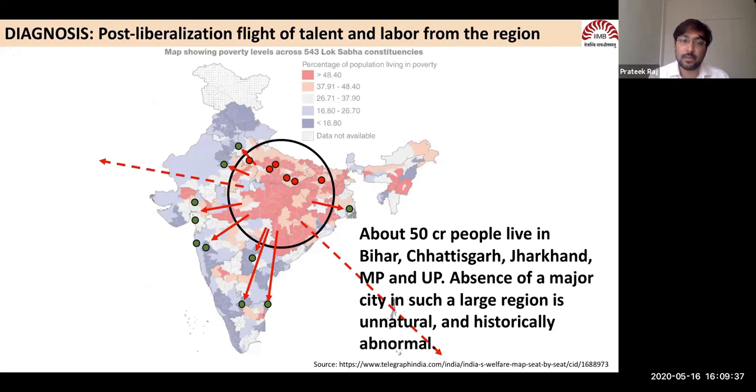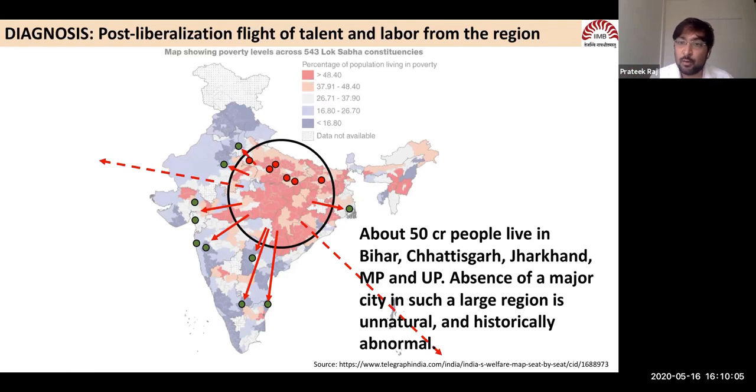It is almost 66% larger than the United States. It is almost the size of the European Union. These 5 states, Bihar, Chhattisgarh, Jharkhand, MP, and UP, make up 50 crore people, but they still don't have one large city. That is a very unnatural situation. It is also a historically abnormal situation that such a situation has arrived.